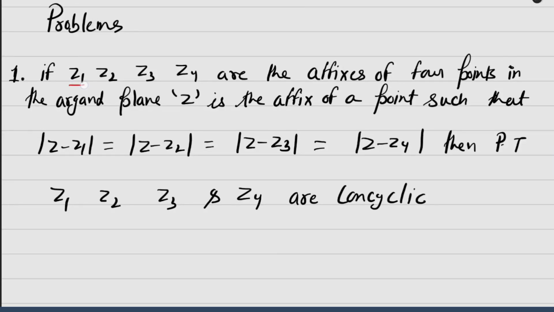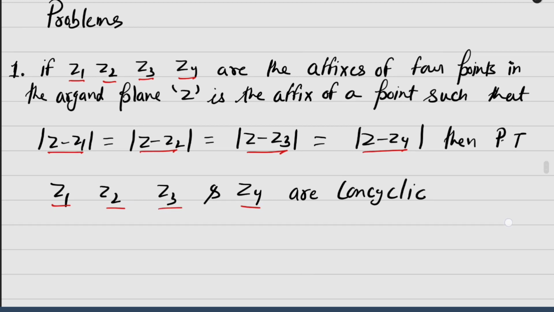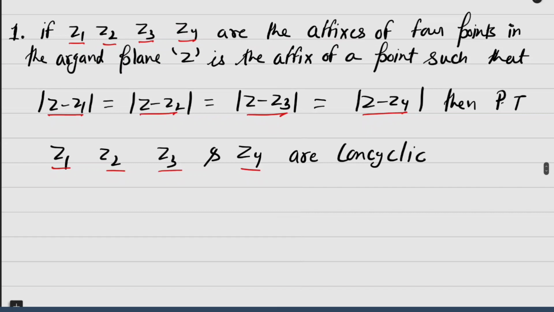So if z1, z2, z3, z4 are the affixes of 4 points in the Argand plane, and z is the affix of a point such that modulus of z minus z1 equal to modulus of z minus z2 equal to modulus of z minus z3 equal to modulus of z minus z4, then prove that z1, z2, z3, z4 are concyclic, meaning they lie on a circle. Okay, so let us listen.